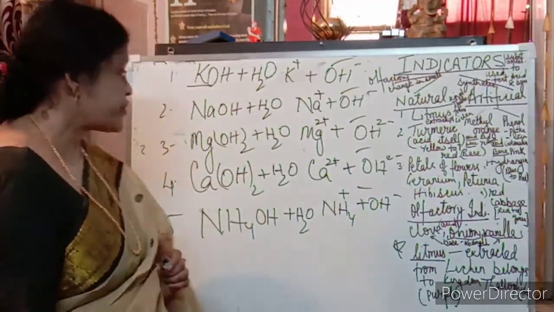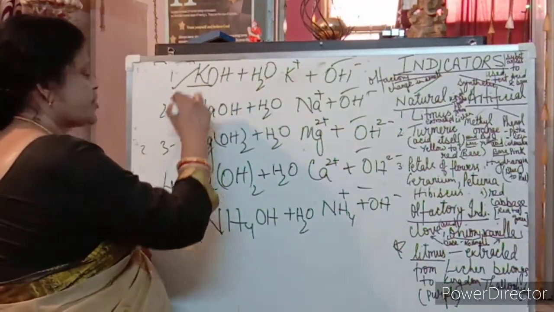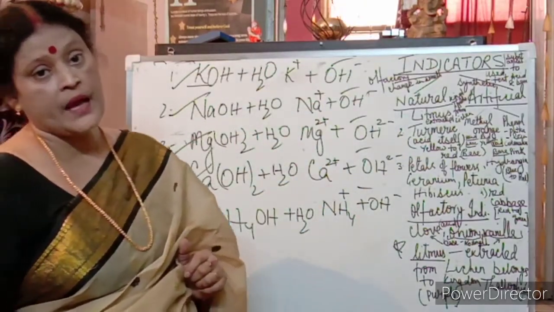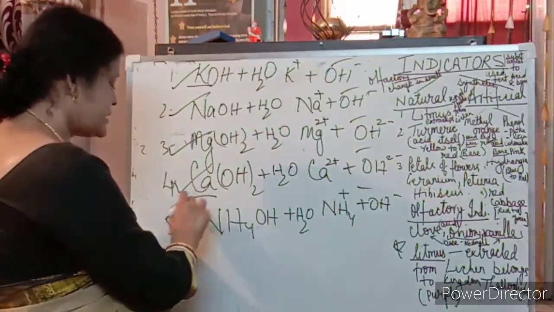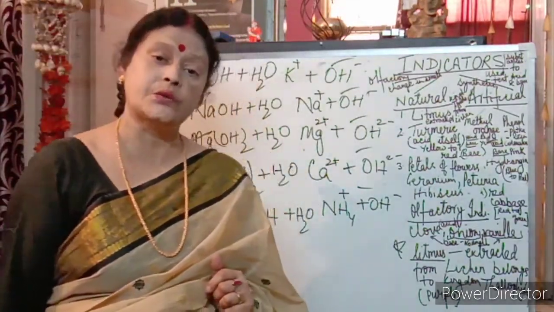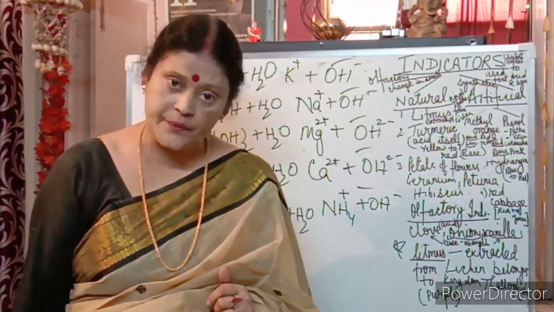Strong bases release or dissociate OH ions faster, like KOH, NaOH, Mg(OH). These are all strong bases. And weak base means OH ions dissociate slowly and not so completely. Then we will call it a weak base.